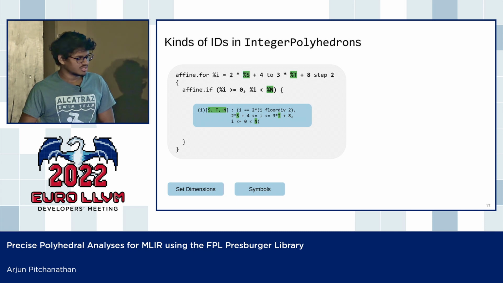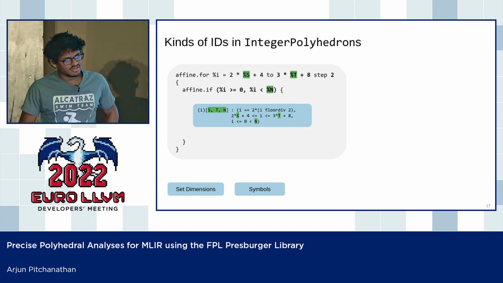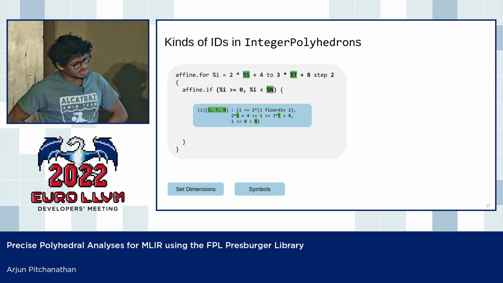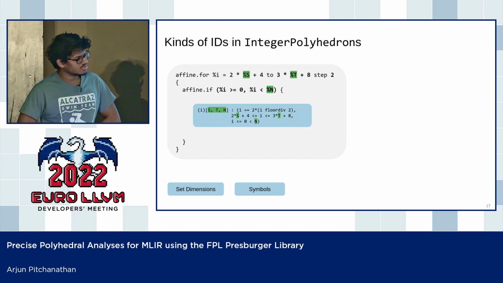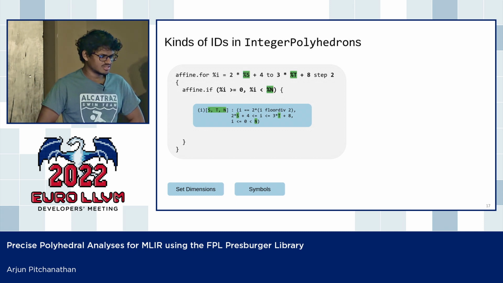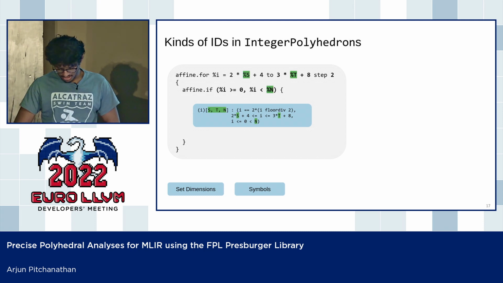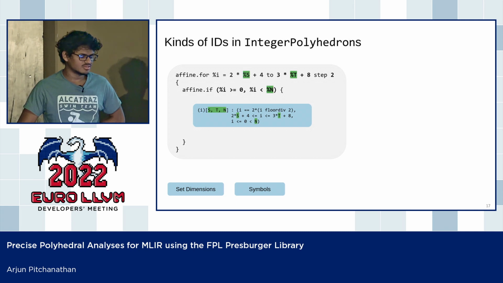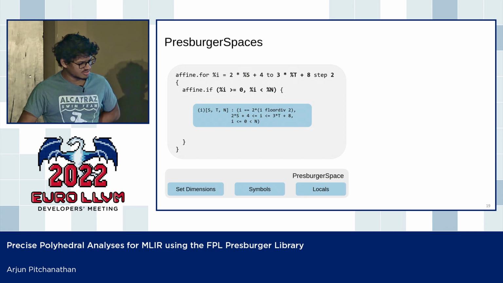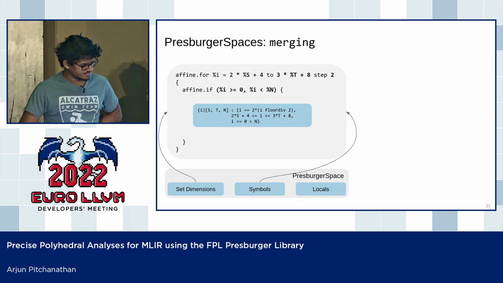What's interesting about these two things is that the variables in the set are directly related to the variables or symbols in the IR. And in fact, in the implementation of the library, you can attach an MLIR value to each of these variables. So you have a Presburger set that has variables i, s, t, and n, and you can say that i in the Presburger set actually corresponds to the MLIR value object, which is the actual value in the IR. Now there's a third kind which does not have a value associated with it, which is locals.